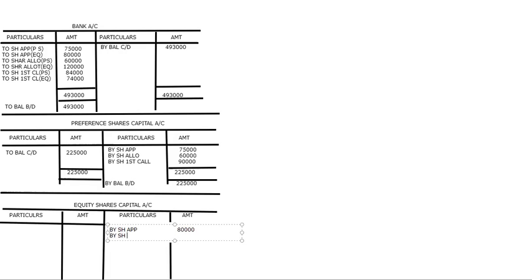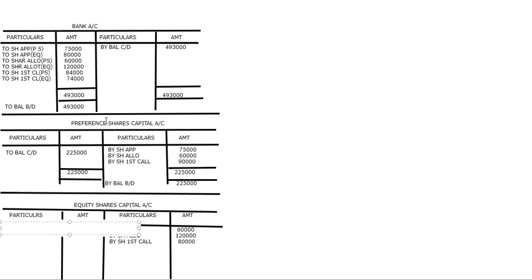Then by share allotment of equity is 1,20,000. Then by share first call it's 80,000. So that's it. Now I'm going to write here total it. So it will be 2,80,000.